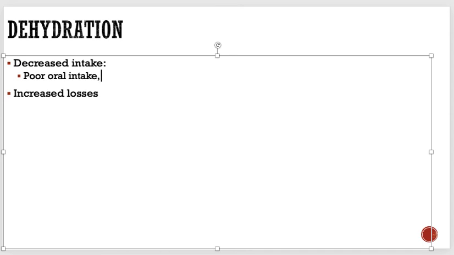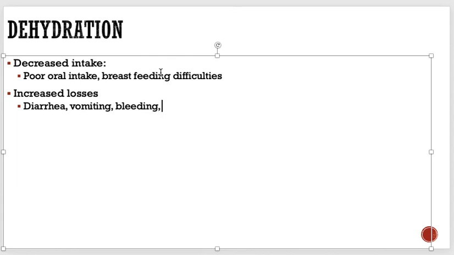For example, breastfeeding difficulties can be there, simply because some babies are taking less amount of fluids. And the other one is increased losses, and in that, diarrhea is a very important part, as well as vomiting, or bleeding, for example, not so common, but of course it can occur.